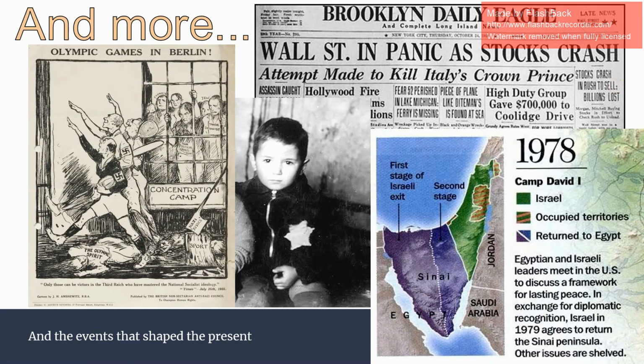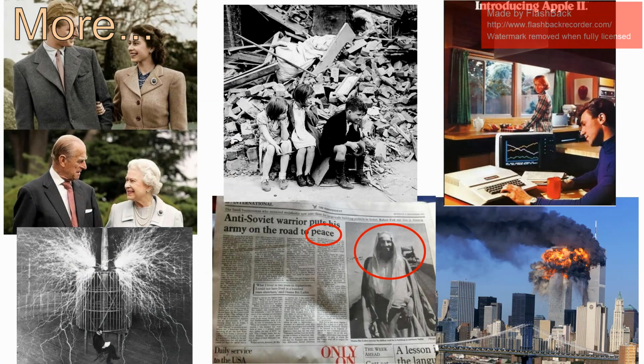And of course, more. You'll understand the concentration camps, Camp David, the Wall Street crash. I mean, things that we still talk about today and that shape the things that we know.